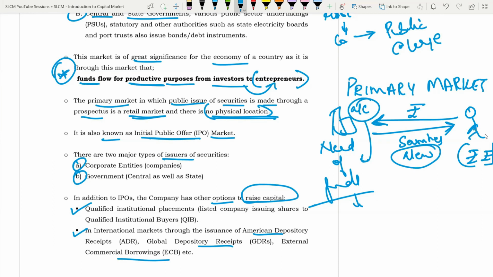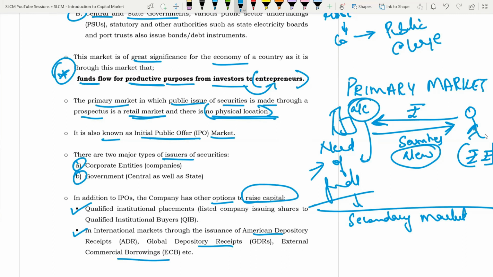Coming to the secondary market, now the company has got what it wants. It has issued securities and it has raised the required money to carry on the business activity, to expand it, to grow it, or to start it, whatever may be the purpose of the requirement of funds.